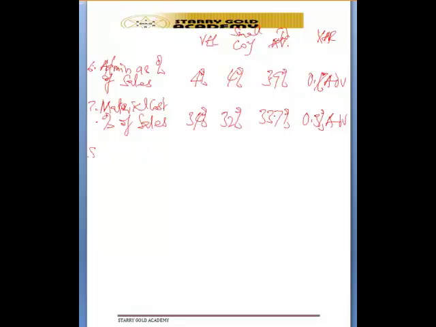And the next one for labor as a percentage of sales, that is labor cost.